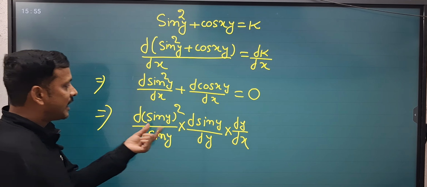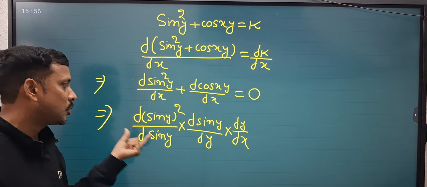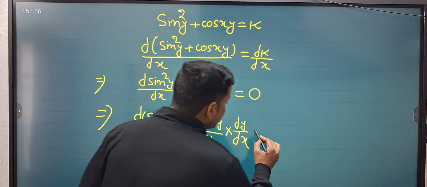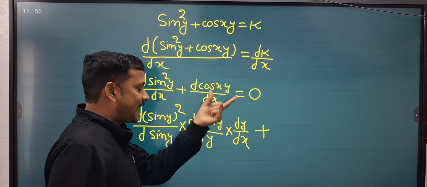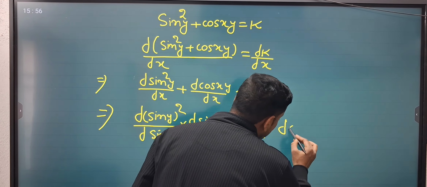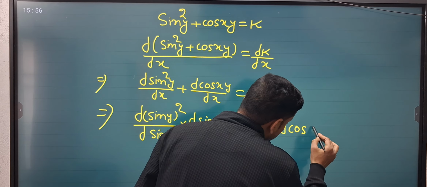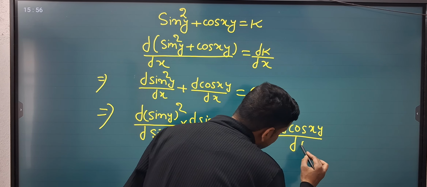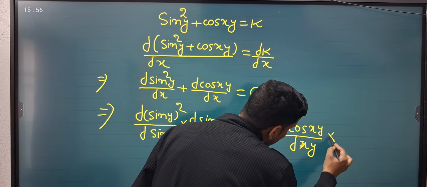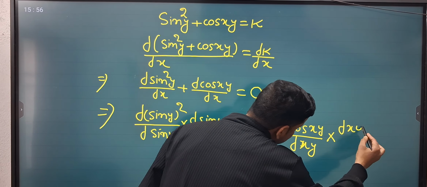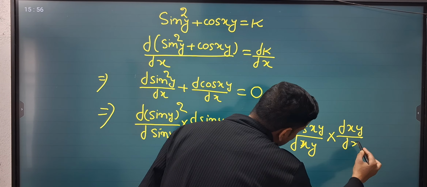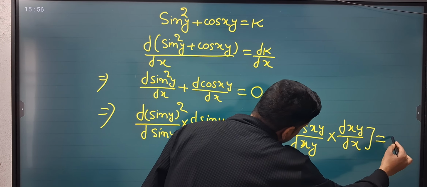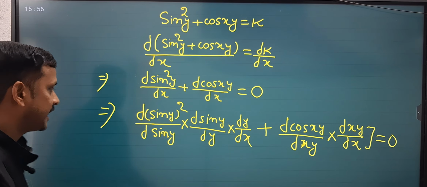By the chain rule, I have differentiated sin square y, and the next term is cos xy, and you know the differentiation of cos x. Instead of x it is xy, so you have to take here d of xy by the chain rule, and again you have to differentiate xy with respect to x, and equals 0 you have to put.